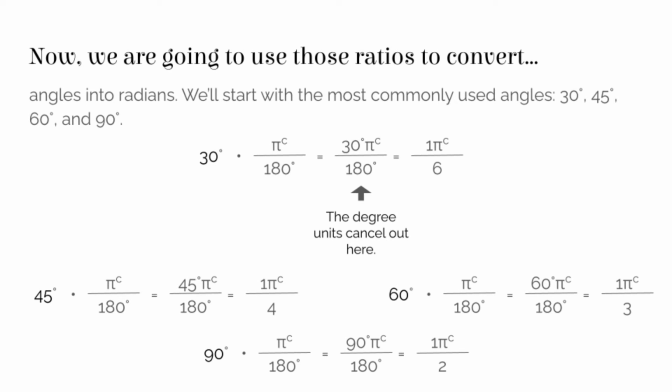This equals 1 pi radians divided by 6, or 1 pi over 6 radians. Likewise, 45 degrees becomes 1 pi over 4 radians. 60 degrees becomes 1 pi over 3 radians. And 90 degrees becomes 1 pi over 2 radians.